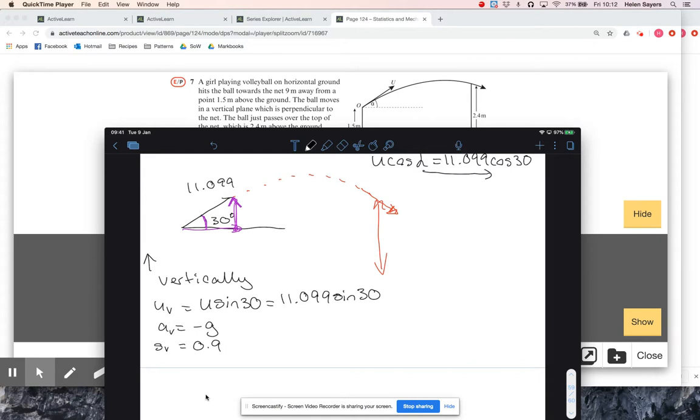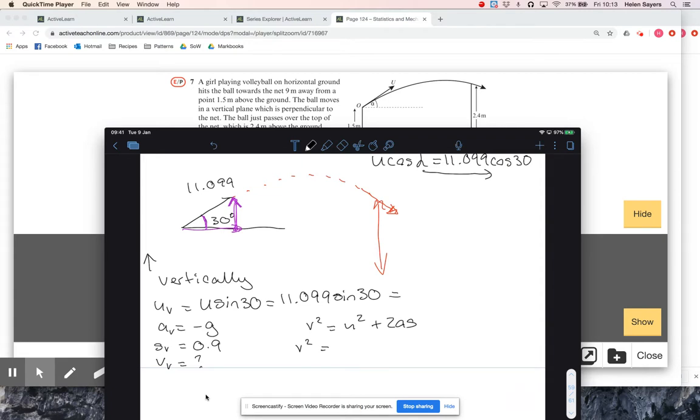And I want its vertical velocity. So I am going to use v squared equals u squared plus 2as. So v squared is, let's just put that into the calculator now.